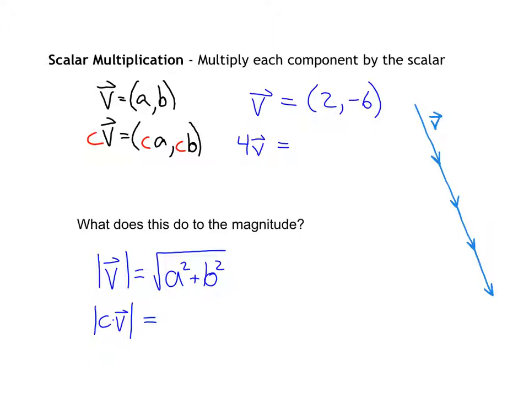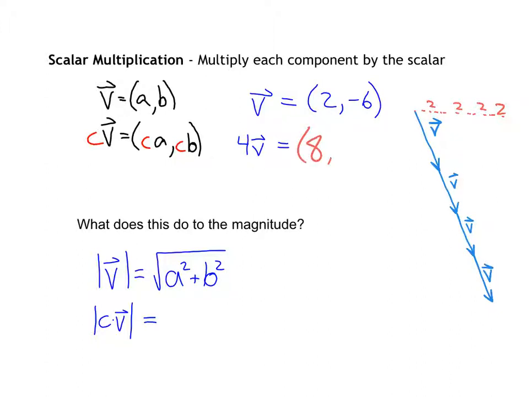Okay, but if I'm looking at that in component form, for v, total, I ended up going 2 to the right, 2 more to the right, 2 more to the right, and 2 more to the right. So total, I ended up doing 8 units to the right. Okay? Does that make sense?